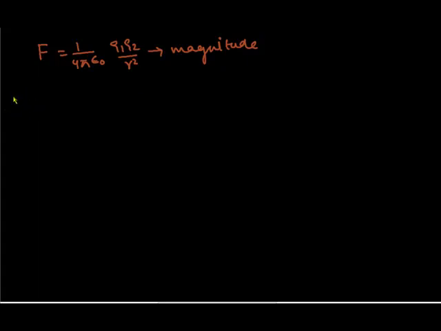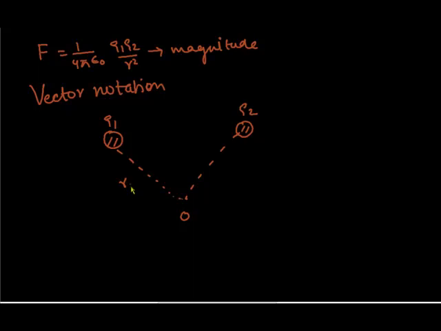Now, to write Coulomb's law in vector notation, we first consider charges Q1 and Q2 that have position vectors R1 and R2 with respect to the origin O. Let F12 be the force on charge Q1 due to Q2 and F21 be the force on charge Q2 due to Q1.